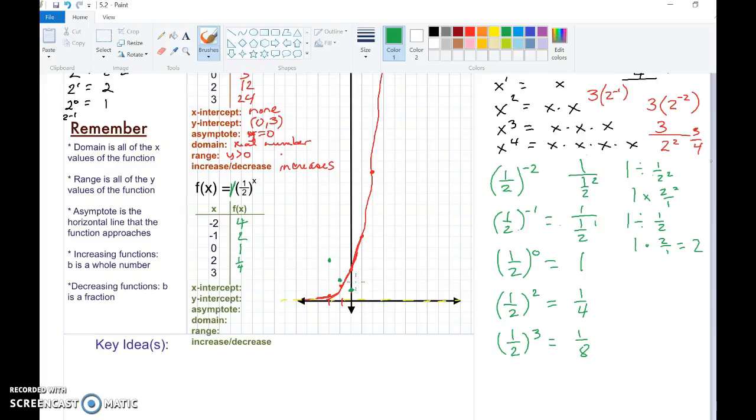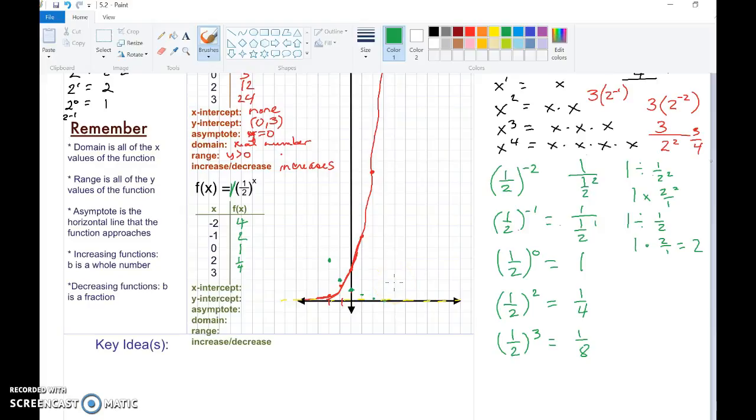And 1 would be 1/2, so I'll go ahead and do it right there. And 2 would be 1/4, which is a little bit, half of that. And then 3 would be 1/8, which is going to be very hard to graph. But you get the idea.